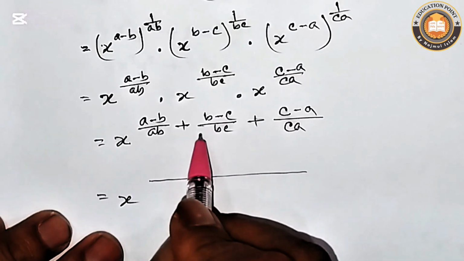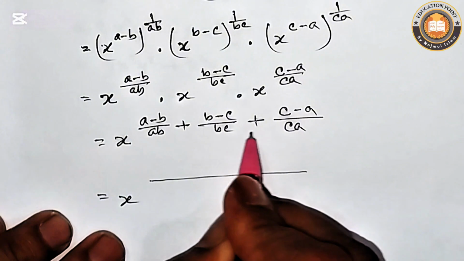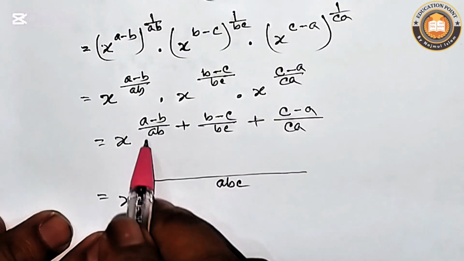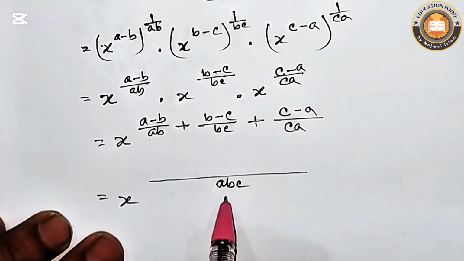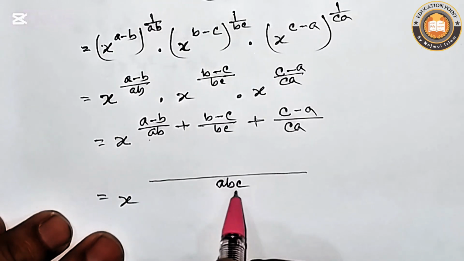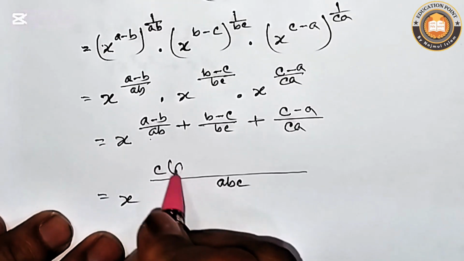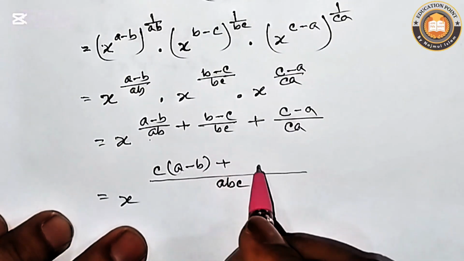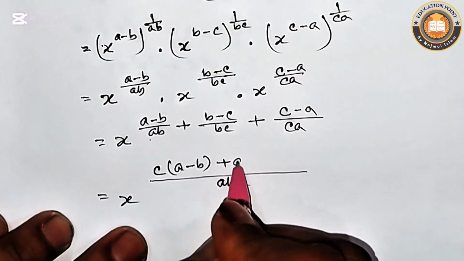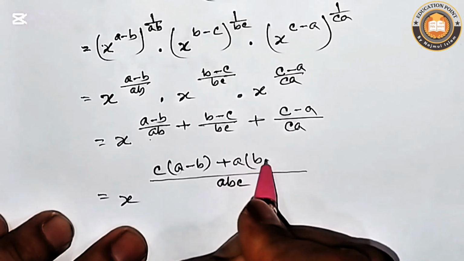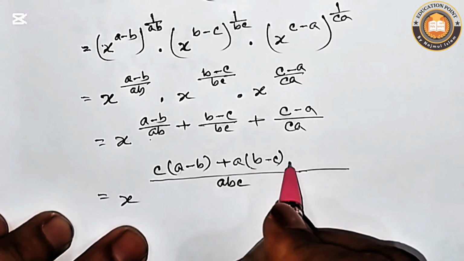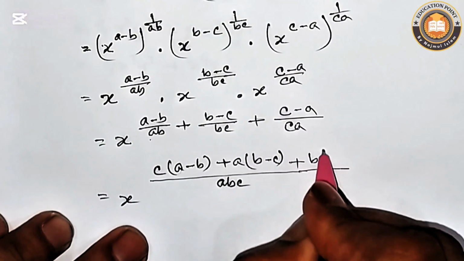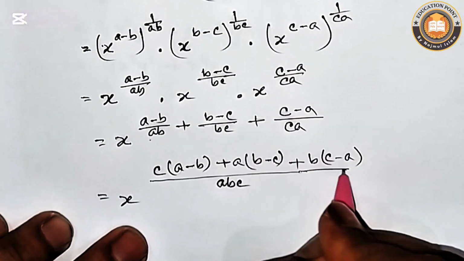Now we will find out the added value. Here LCM is abc. abc divided by ab equals c, multiplied with (a−b), plus abc divided by bc equals a, multiplied with (b−c), plus abc divided by ca equals b, multiplied with (c−a).